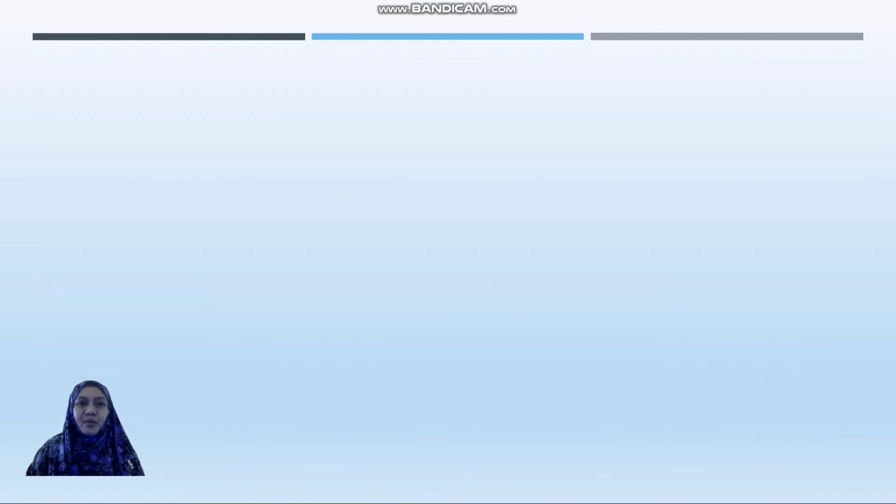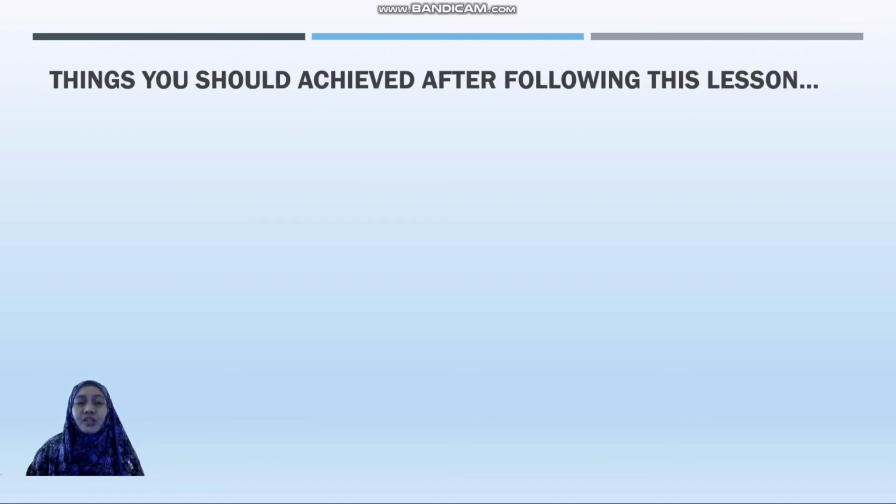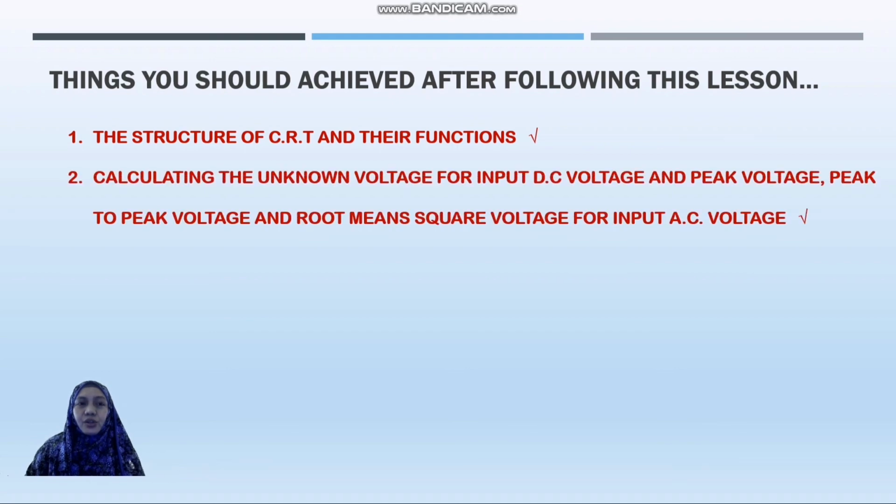So I guess before we say goodbye, let's do the checklist of what you should achieve after following this lesson. Number 1, you should know the structure of the cathode ray tube and the function of each part. Number 2, you should know how to calculate the unknown voltage for input DC voltage, and the peak voltage, peak-to-peak voltage, and root mean square voltage for input AC voltage.